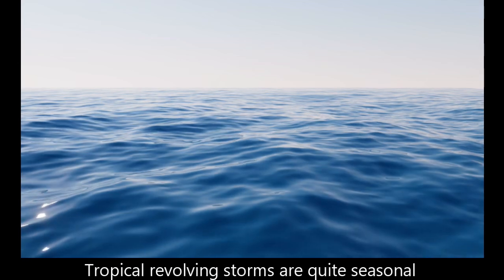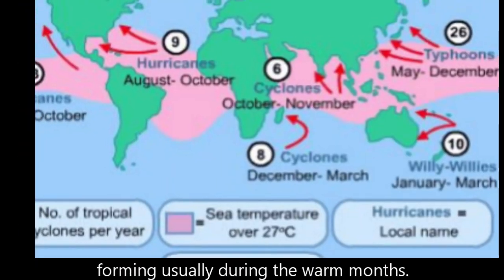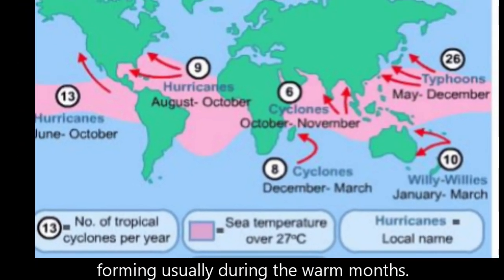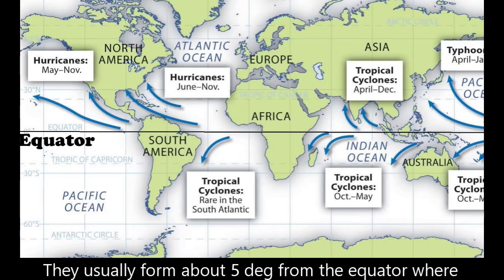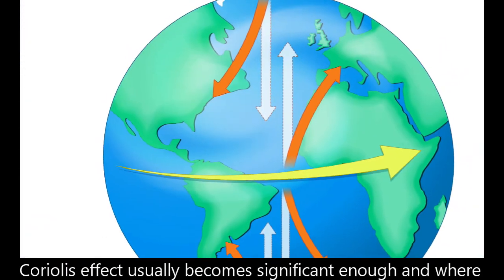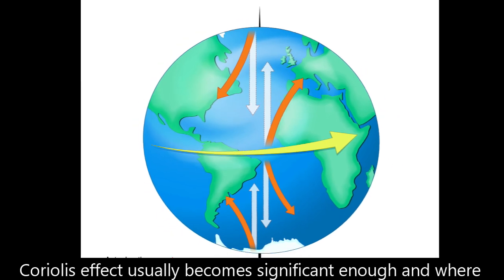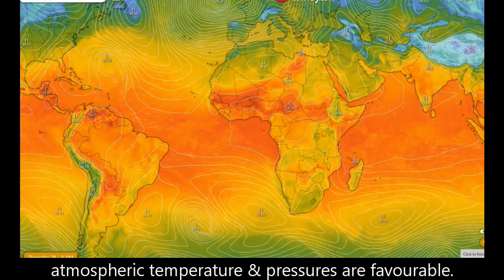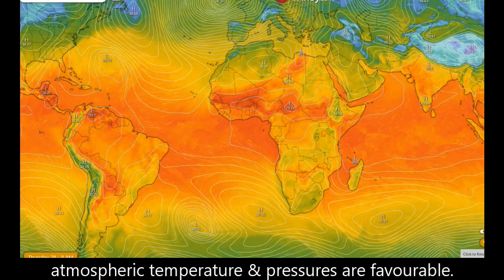Tropical revolving storms are quite seasonal, forming usually during the warm months. They usually form about 5 degrees from the equator, where Coriolis force usually becomes significant enough and where atmospheric temperature and pressures are favorable.